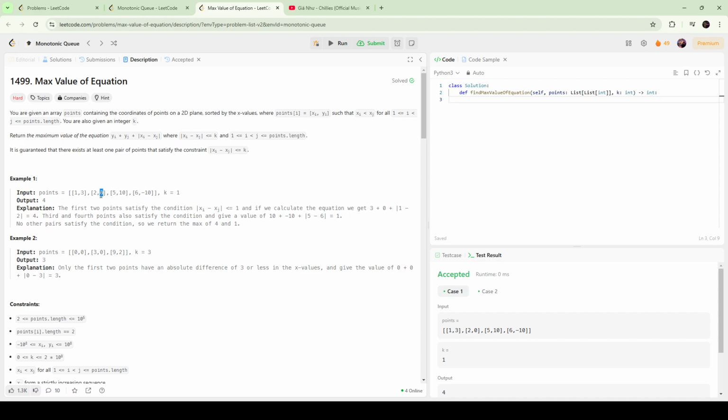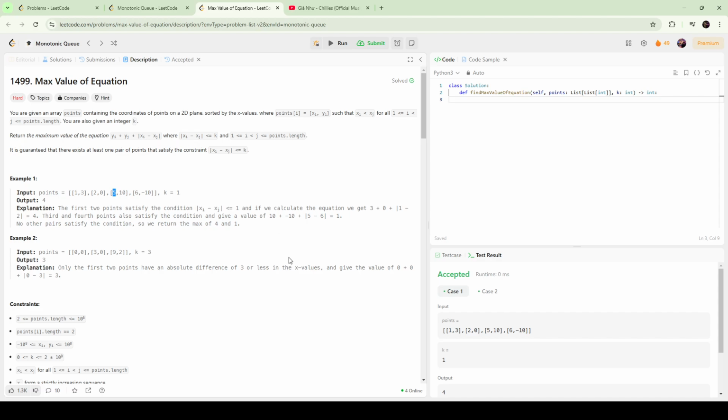It is going to be 0 plus 3 plus 2 minus 1, and that's going to be 4. And how about this guy? We can use this pair, and what is the value of the equation? 10 minus 10, that's 0, 6 minus 5, that's 1.